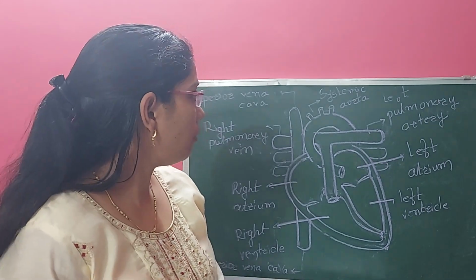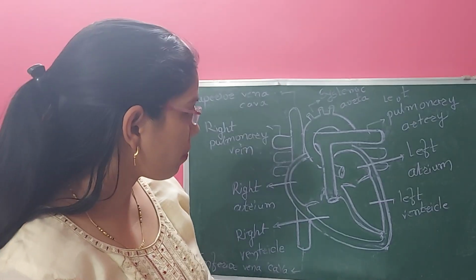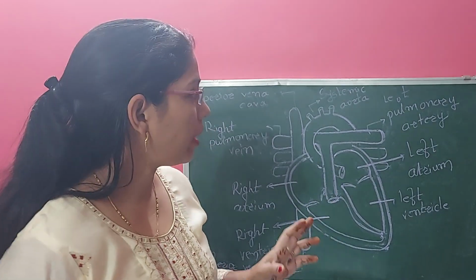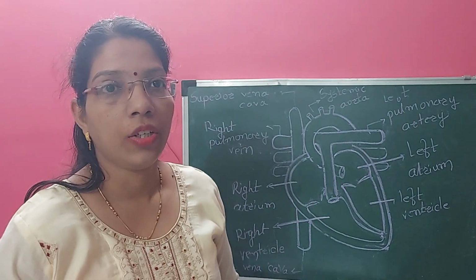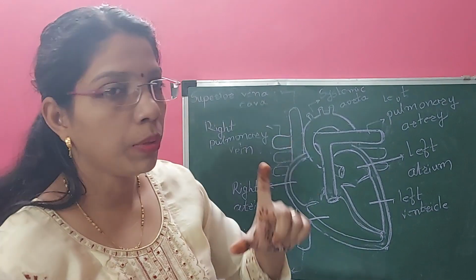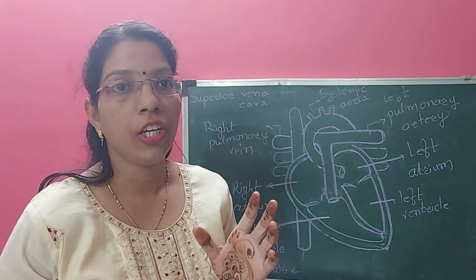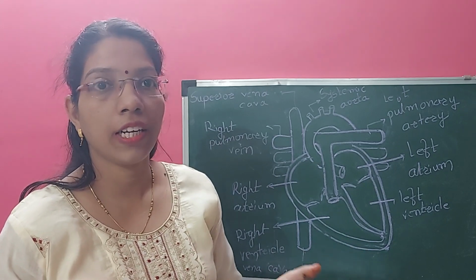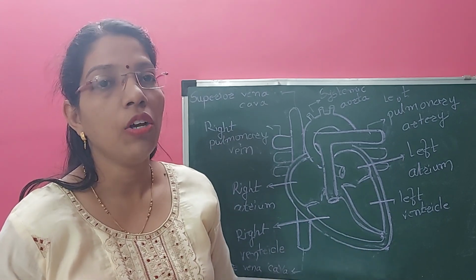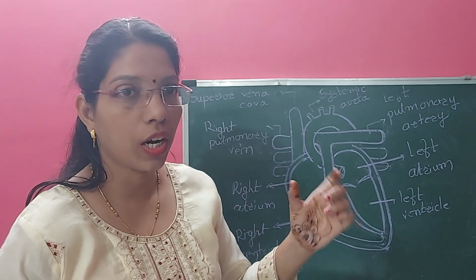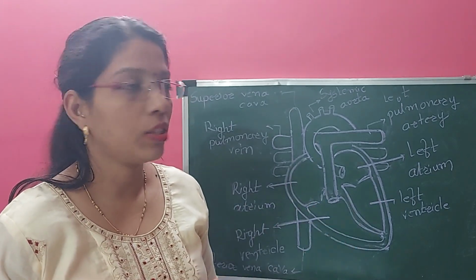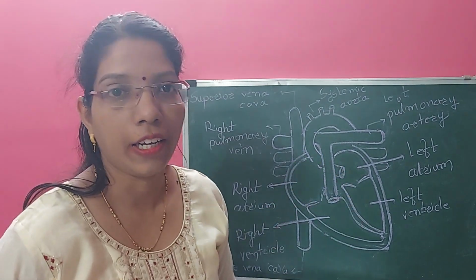One T-shaped structure is there. This artery is called pulmonary artery. Now I will tell the meaning of pulmonary artery. Pulmonary artery joins the heart to the lungs; blood flow takes place between lungs and heart through it. That artery is called pulmonary artery.